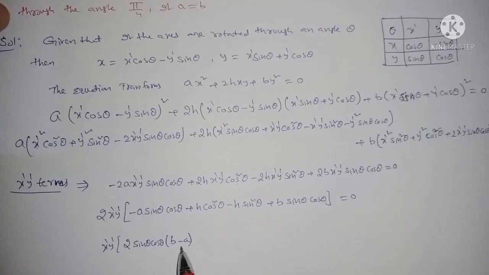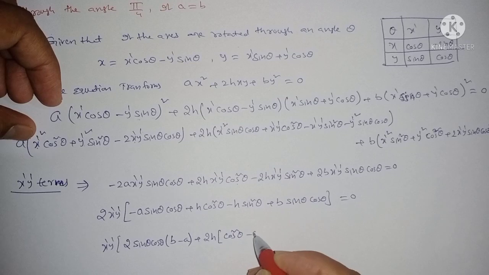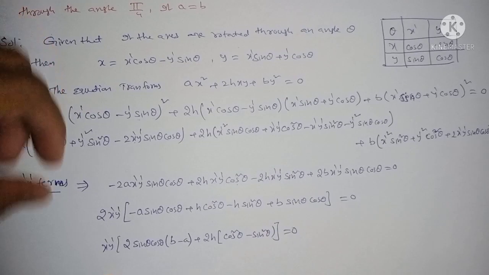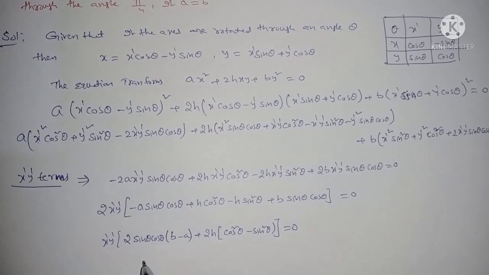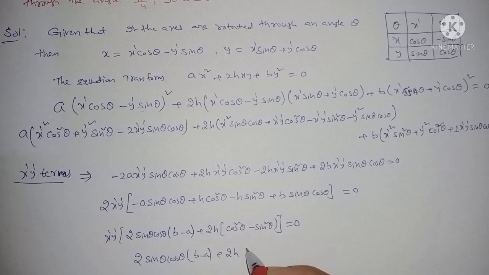Therefore 2 sin theta cos theta (b minus a) plus 2h (cos square theta minus sin square theta) is equal to 0. The xy term must be 0, therefore I can take 2 sin theta cos theta (b minus a) plus 2h (cos square theta minus sin square theta) is equal to 0.